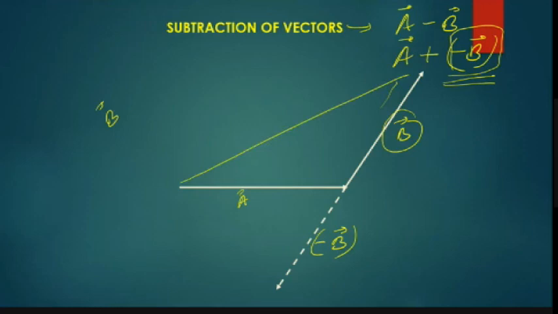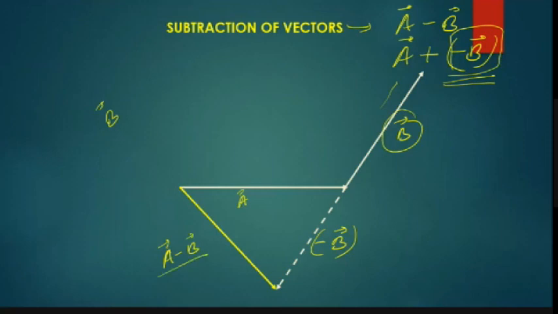One is here, another one is here. Which one will give me A plus minus B? From where to where I have to go? From the tail of A to the head of B, or from the tail of A to the head of minus B? Head of minus B. So here you have to draw. This will be A plus minus B, or it is simply A minus B.